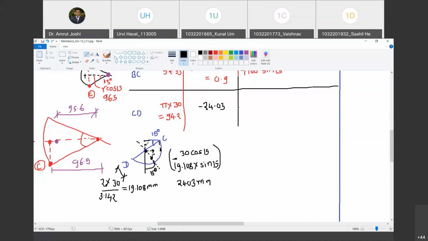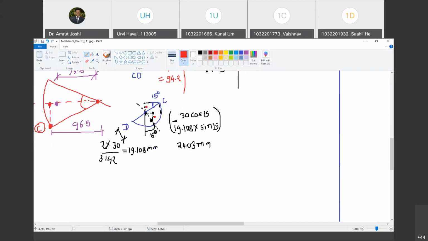Are you with me? That gives me the vertical distance of the centroid from C. These two distances, if I add up, give me the vertical distance of this point, that is the centroid, from C. So how much is this distance? It is R sin 15, so 30 sin 15.